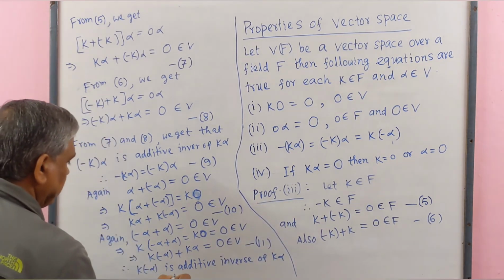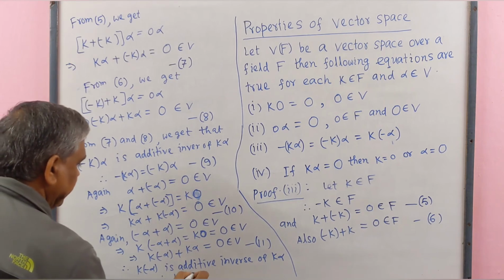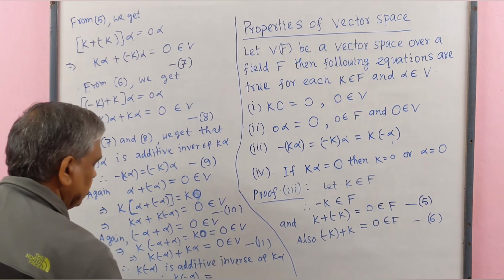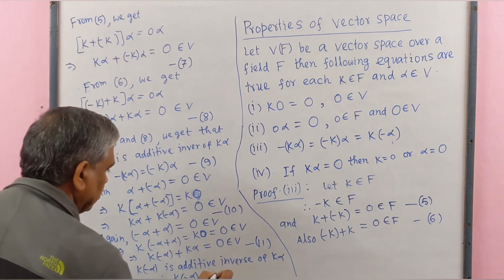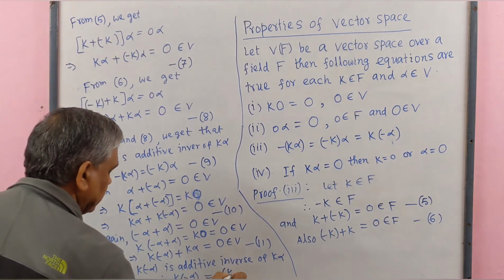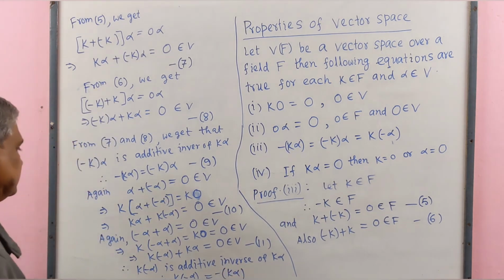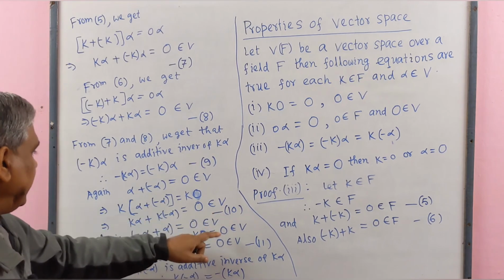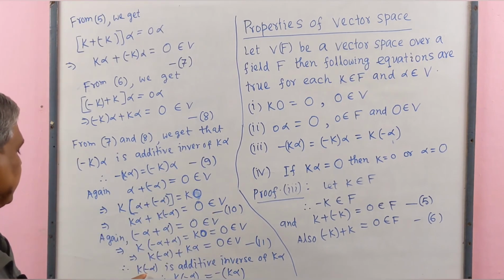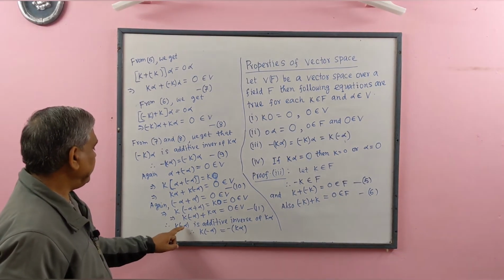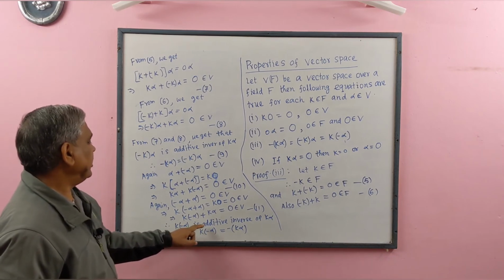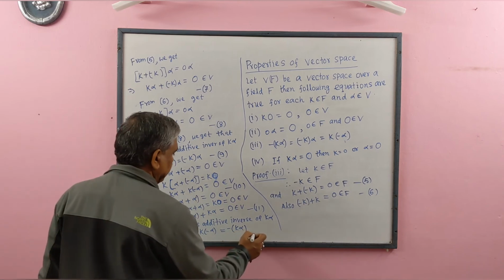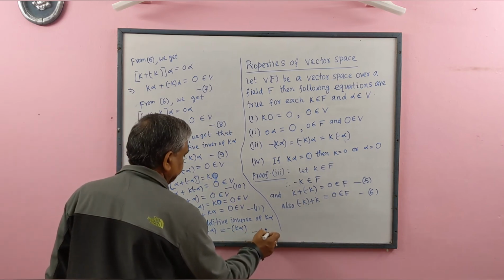Therefore, k (minus alpha) equals minus (k alpha). From 10 and 11, we conclude that k (minus alpha) is the additive inverse of k alpha. And this is number 12.